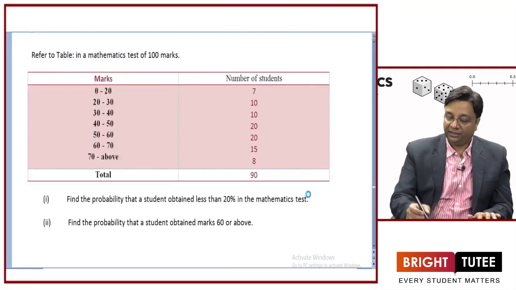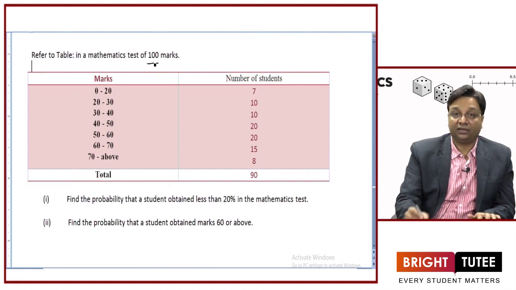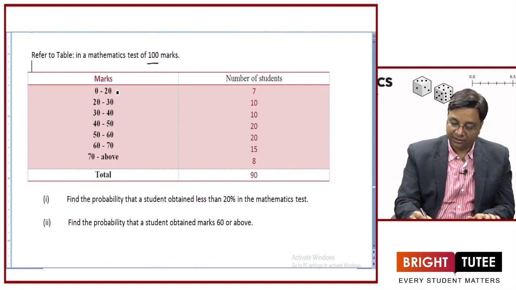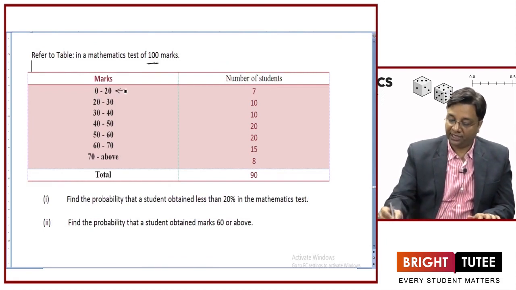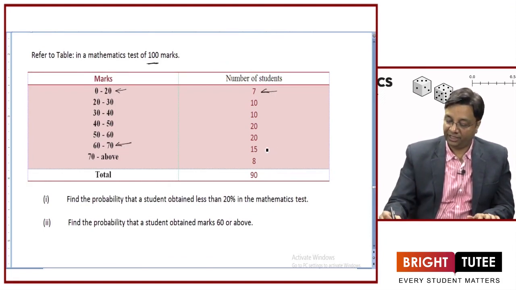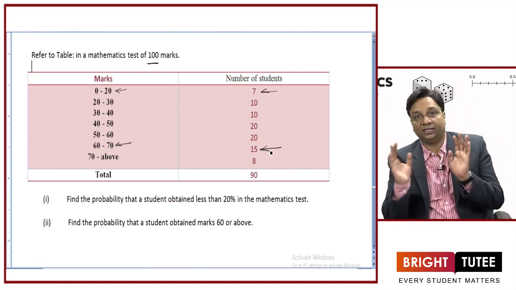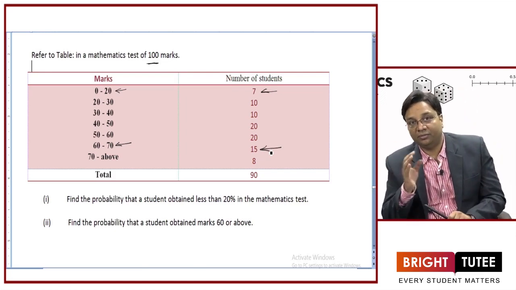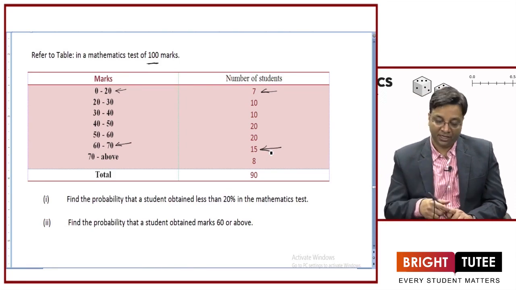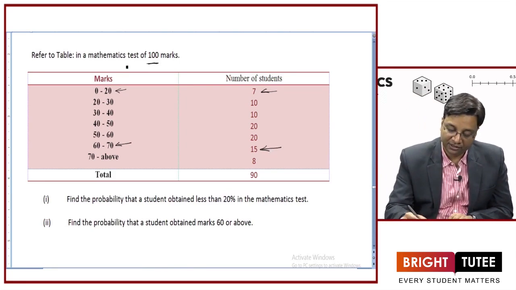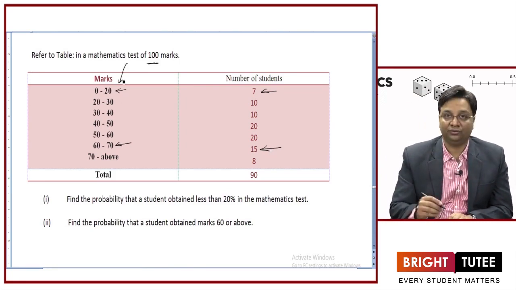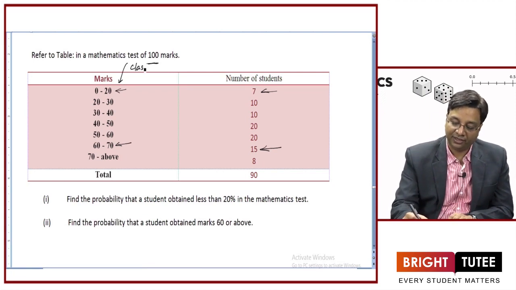In a mathematics test of 100 marks, 0 to 20 marks were obtained by 7 students. 60 to 70 marks were obtained by 15 students, right? 15 students are there who have obtained marks between 60 to 70. Now when it is given in this class distribution form, these are classes, right?